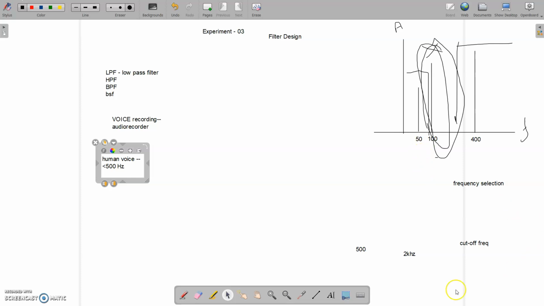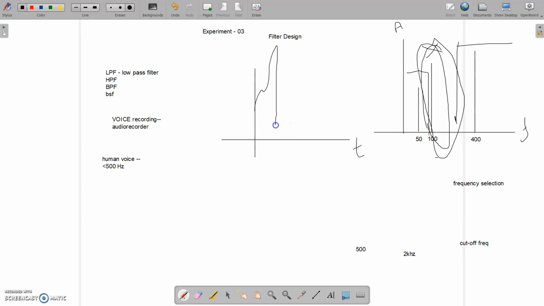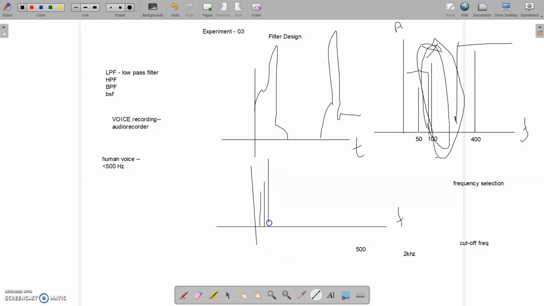So if I look at my voice signal in the time domain, it will look something like this. Sometimes it is very loud, sometimes I'm not talking, sometimes loud, sometimes quiet, like this. But when we convert it to the frequency domain, the way we did before, it will contain different frequency components like this, like a straight line containing many frequency components, normally less than 500 hertz.